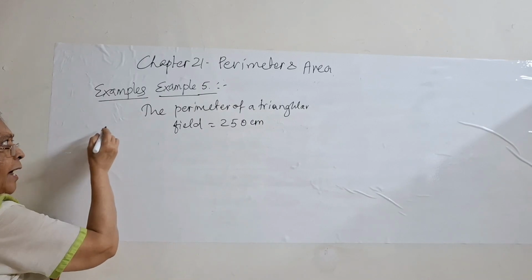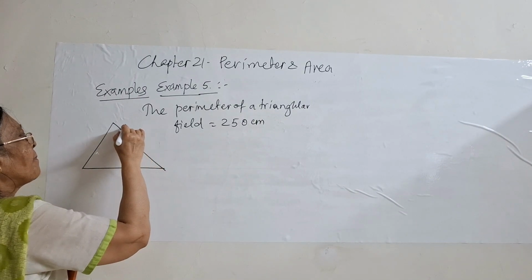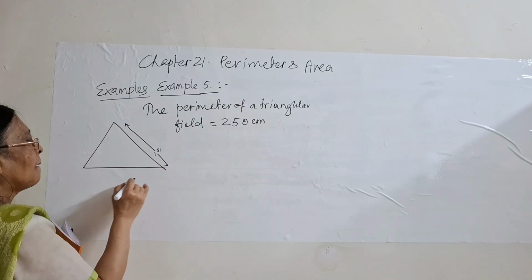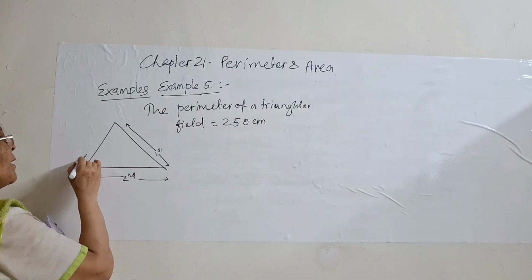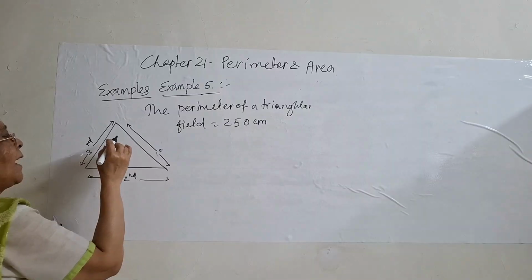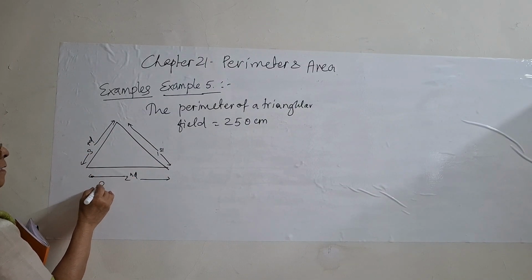A triangle has three sides. Its perimeter is given, so the sum of all the sides is given.